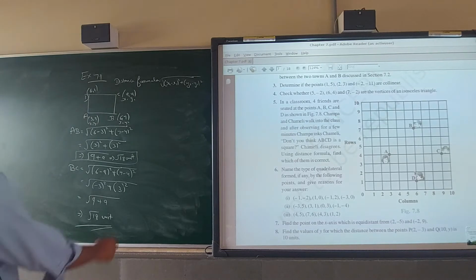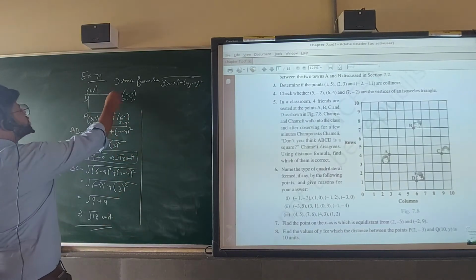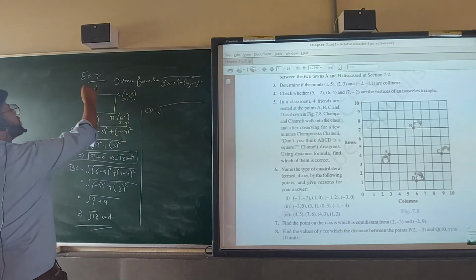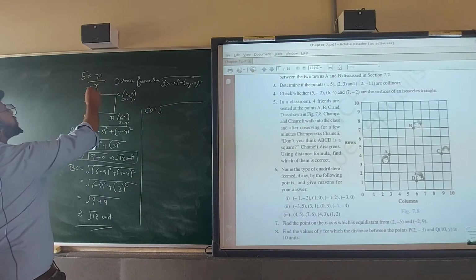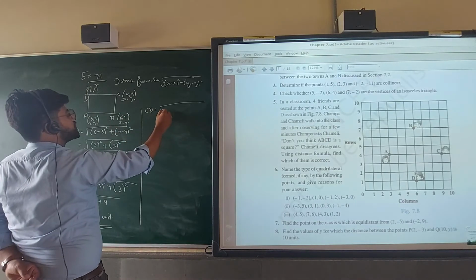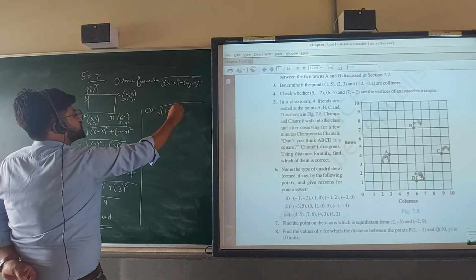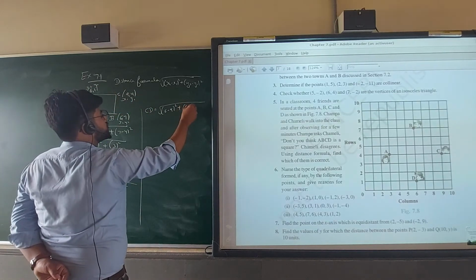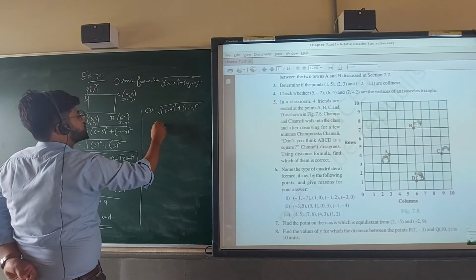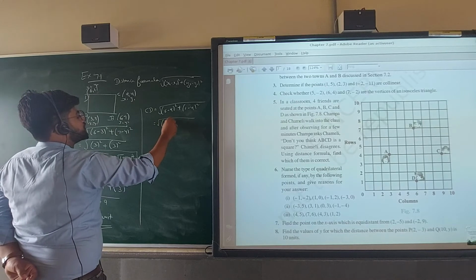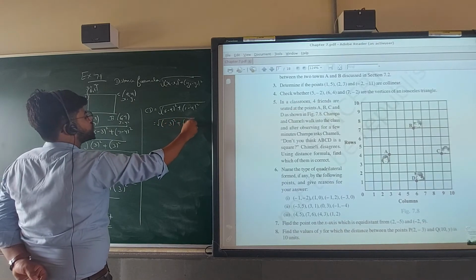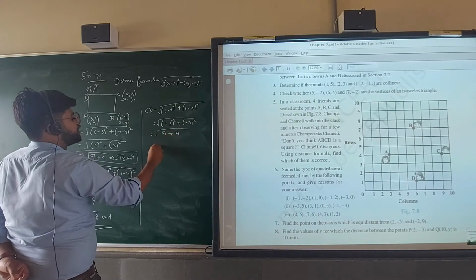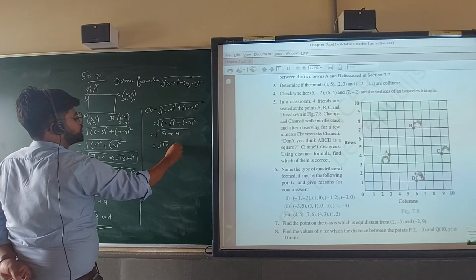AB, BC. Now I will go with CD. This one is x1 y1, this will be x2 y2. x2 minus x1, that's 6 minus 9, plus y2 minus y1, 1 minus 4. That is minus 3 square and minus 3 square, 9 plus 9, again the answer is root 18 unit.